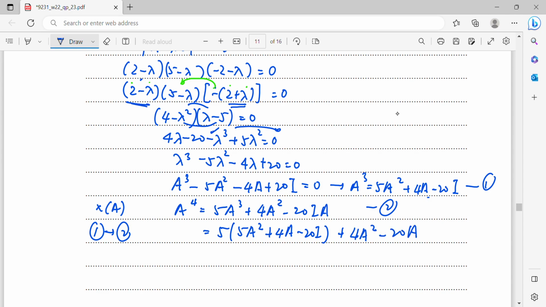Now you do the expansion, it will be 25A squared plus 20A minus 100I plus 4A squared minus 20A. So 25A squared plus 4A squared will be 29A squared.